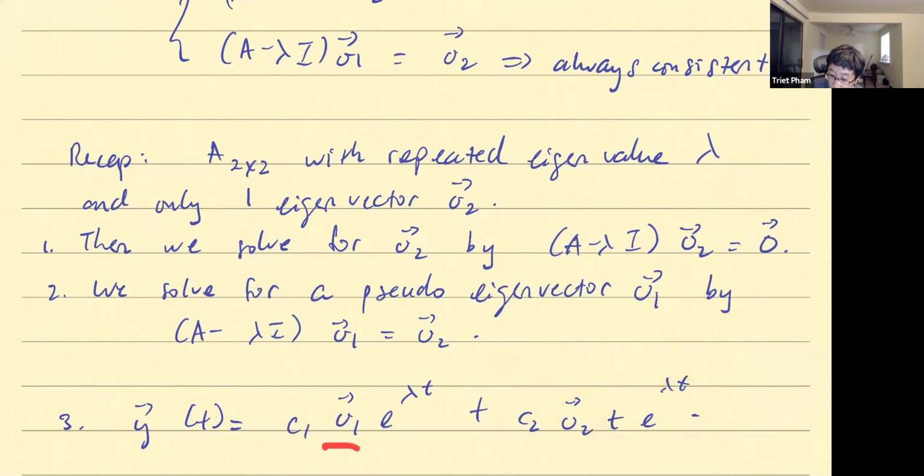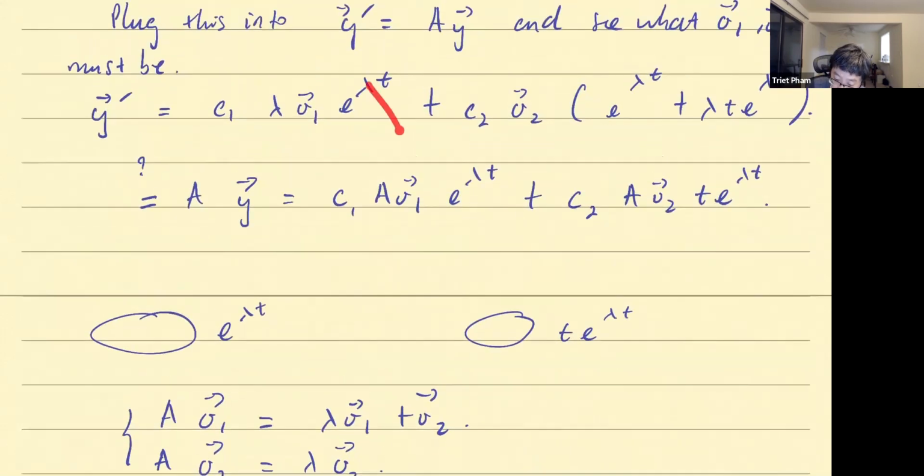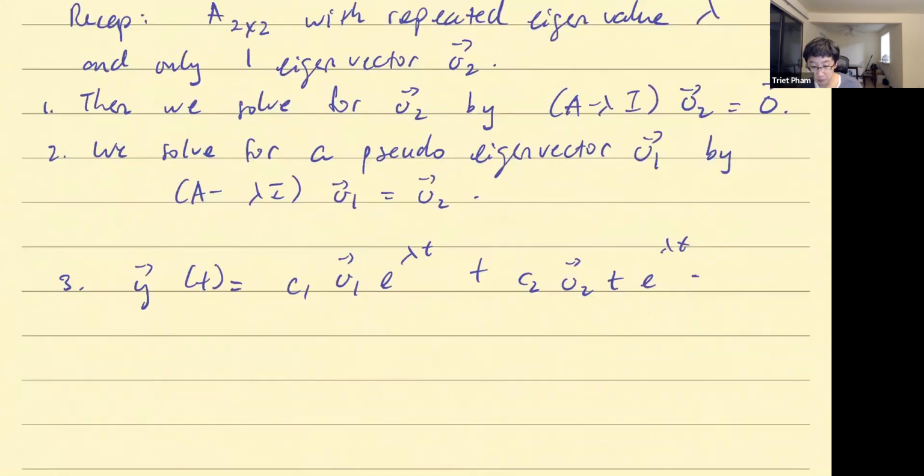The pseudo eigenvector is this. If you swap their places, you won't get the right solution, because things don't match up the way they're supposed to. Any question before we apply this to our example?